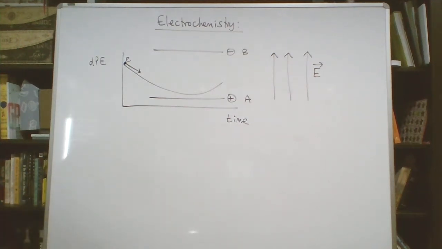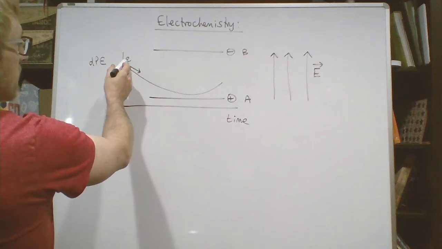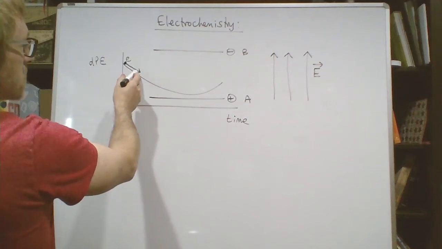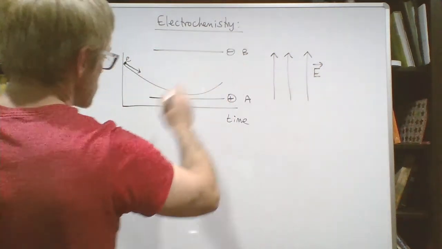Now recall from our previous discussion that the electrical potential increases when a negative charge moves in the direction of the electric field. We have a negatively charged particle moving in the opposite direction of the electric field.